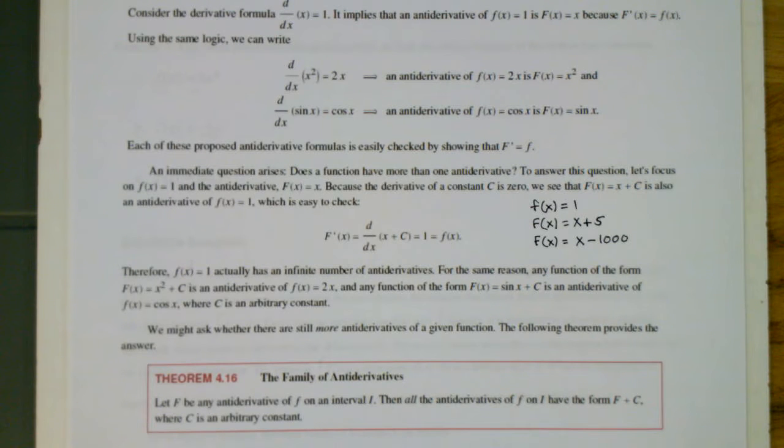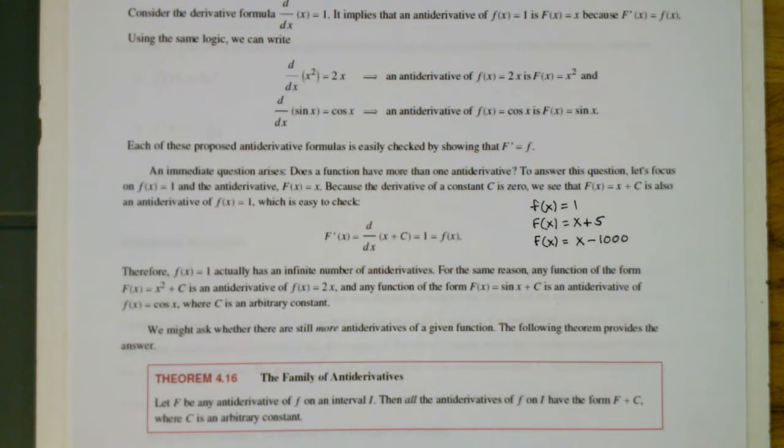This brings up the family of antiderivatives, which is at the bottom of your handout. It says, let capital F be any antiderivative of lowercase f on the interval I, then all of the antiderivatives of lowercase f on I have the form capital F plus c, where c is an arbitrary constant.